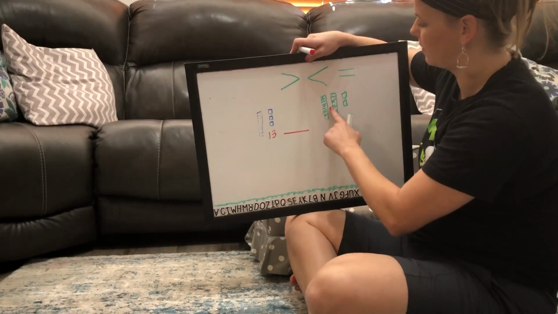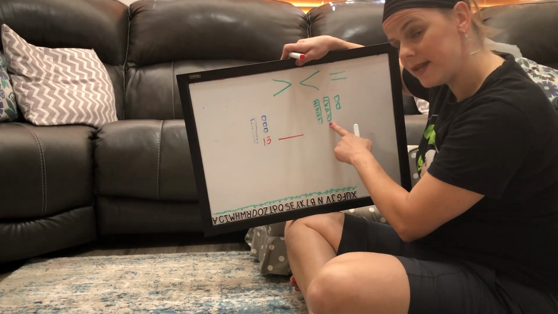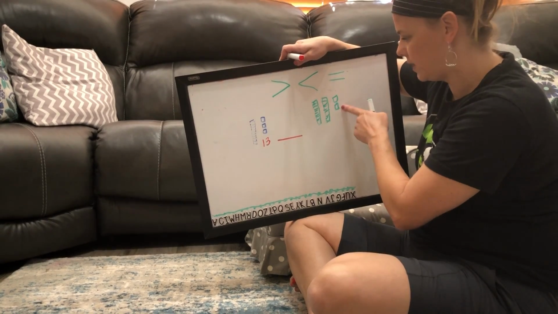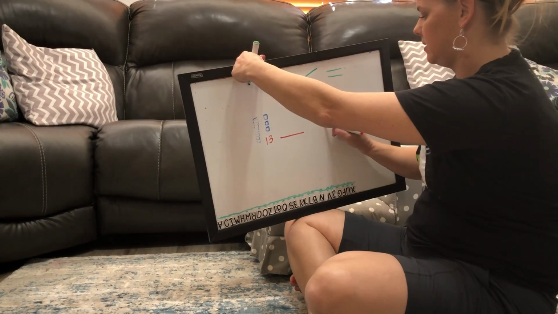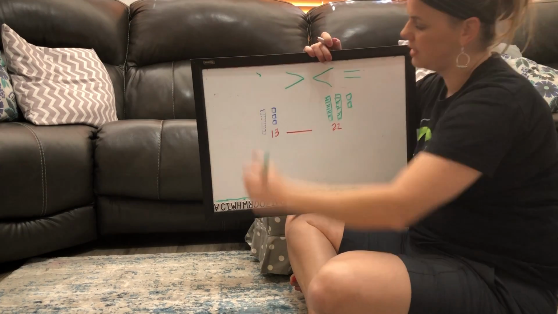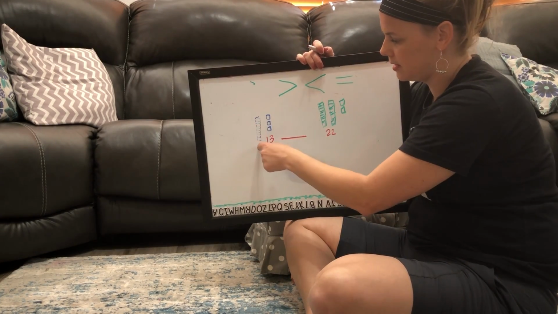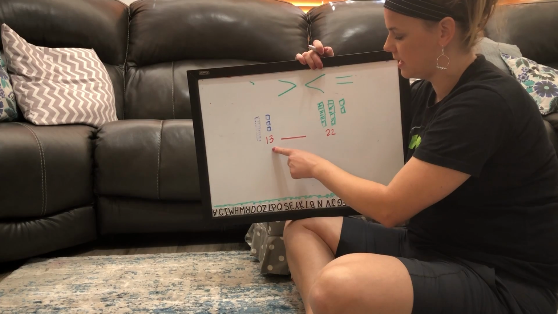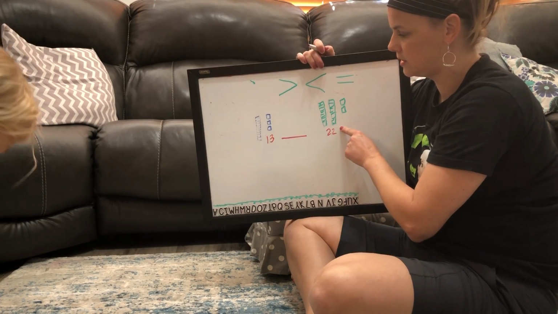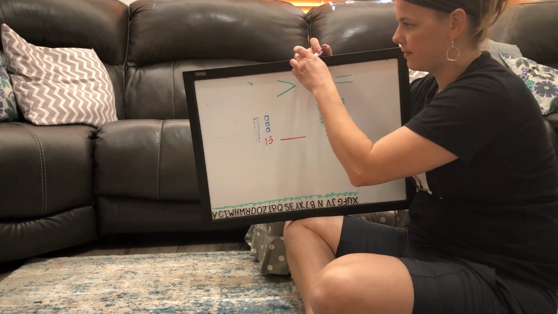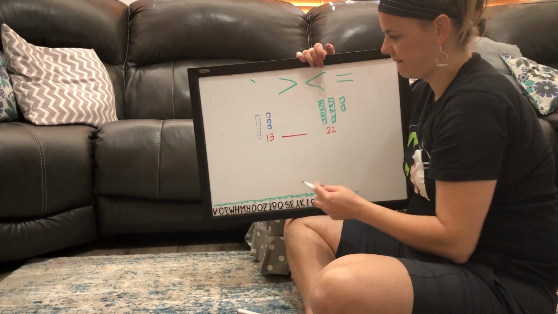All right, so we've got 10, 20, 21, 22. So our number is 22. Okay, so are these blocks, 13, greater than or less than these blocks, 22? Less than.